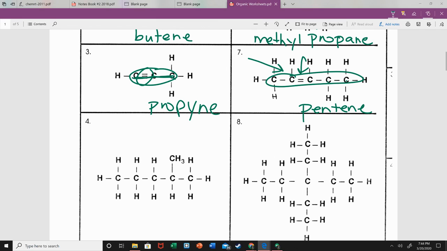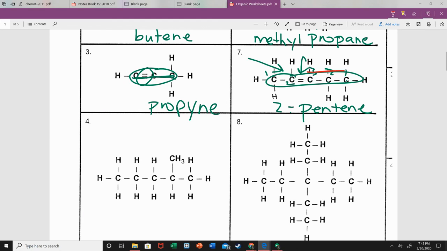So does it come after carbons number 1, 2? So is that 2 pentene, or would I call it 3? Nope, I'm not going to call it 3, because that is the larger number. I have to use the smallest number that I can count. So that's going to be 2 pentene.